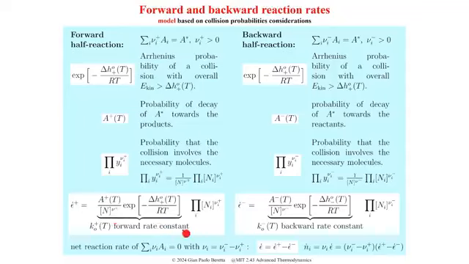And this is the formula. This is the multiplication. And then the traditional naming is that you have this product of concentrations to the stoichiometric coefficients. That's singled out. And the prefactor of that is called the rate constant, which is not really a constant. Again, it's a function of temperature.